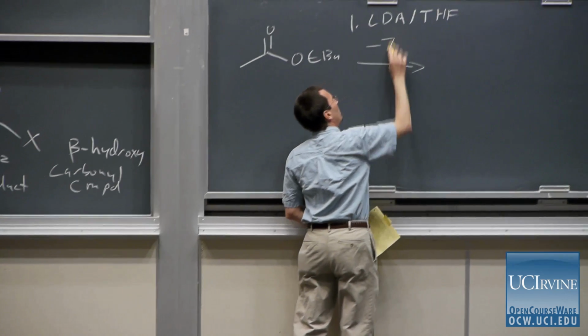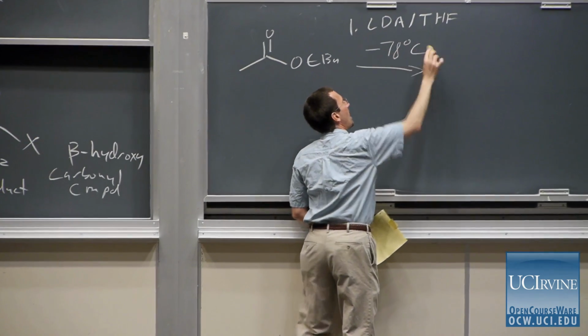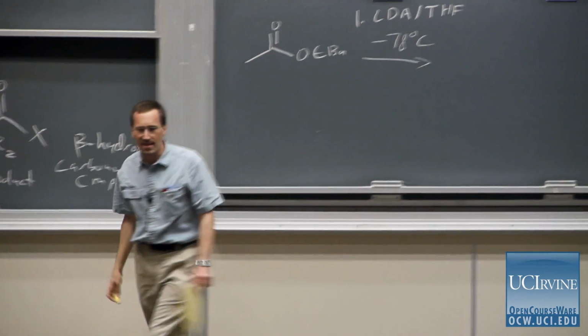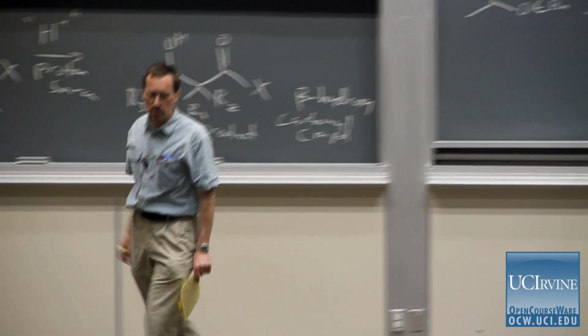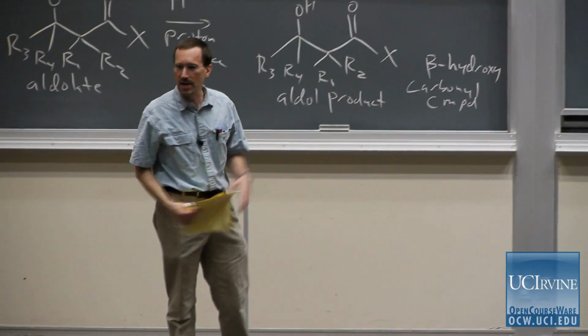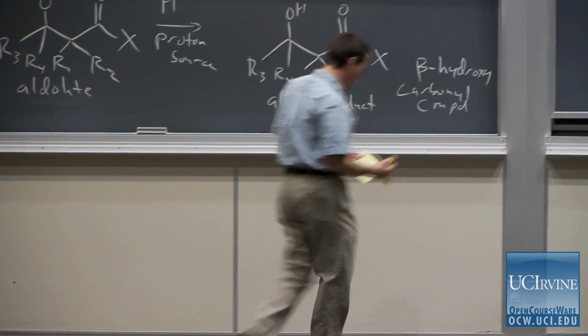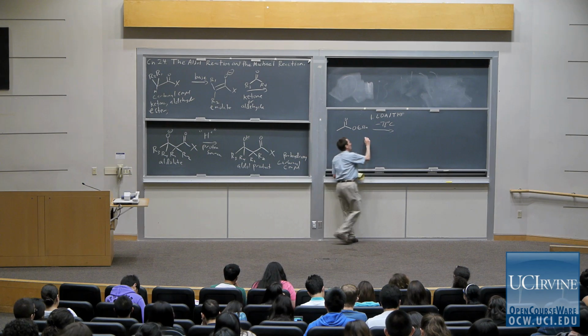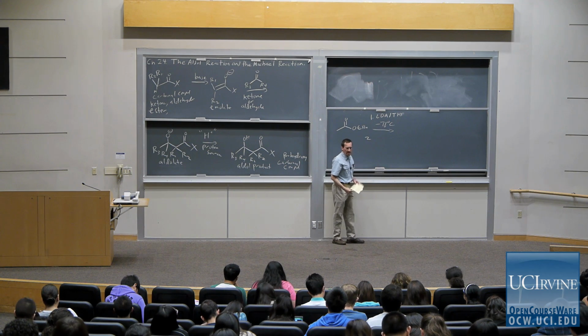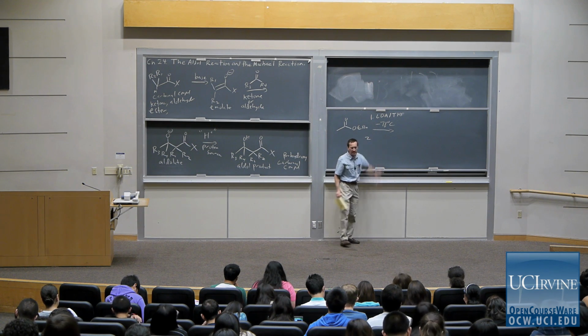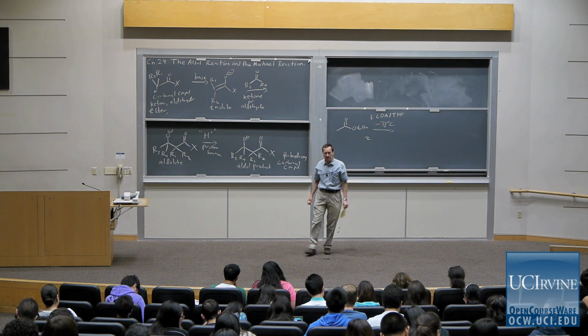Organic chemists often cool things with dry ice. Dry ice is negative 78 degrees Celsius, which is why you'll often see that otherwise odd-sounding temperature. Then in a separate step, one adds the carbonyl compound, so you generate the enolate at negative 78 degrees.